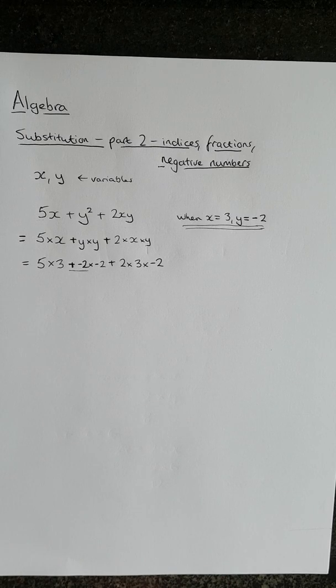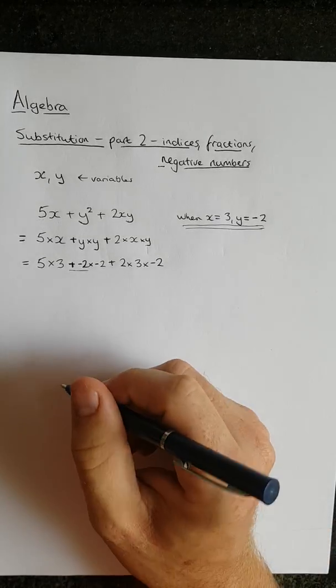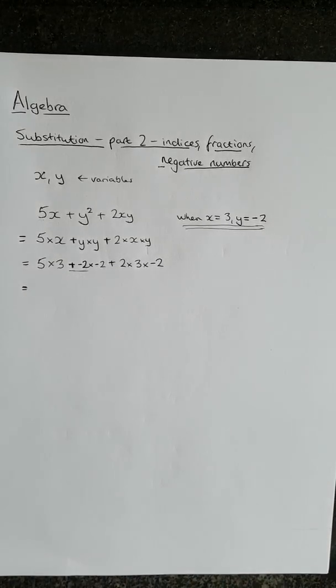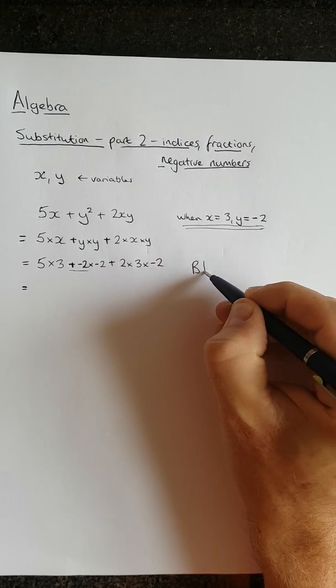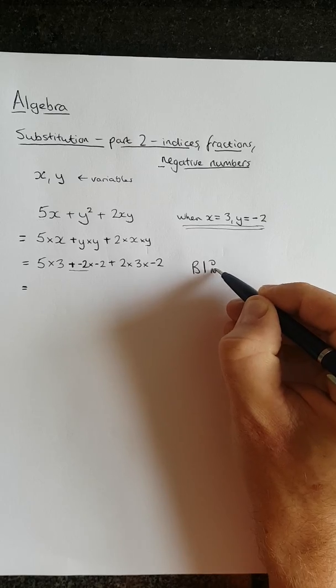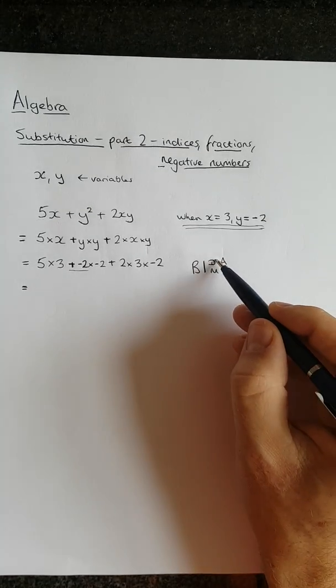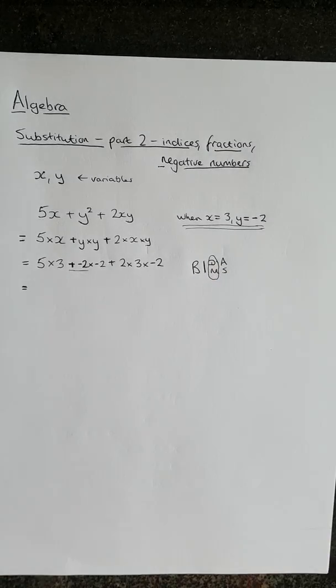Now in the previous part, this was always done in 1 step, or 2 steps if it was hard. But we can take as many as needed. So, I've got multiplication and addition here. So a reminder that I still have to follow BIDMAS. A reminder that division and multiplication can be done in any order.